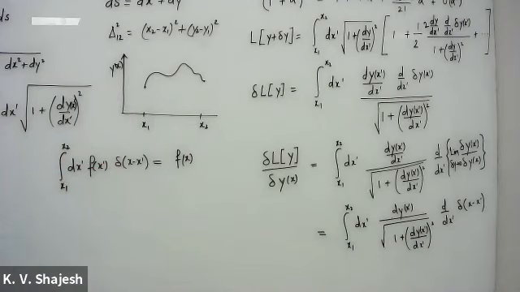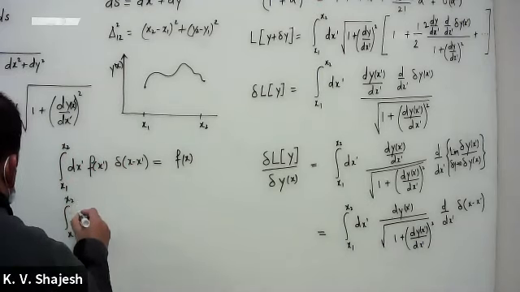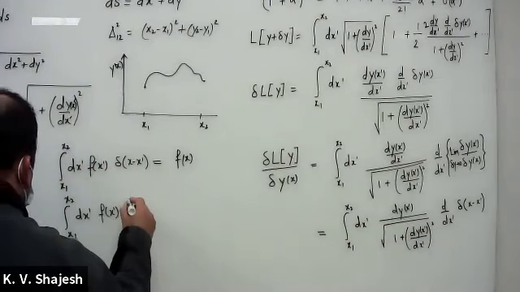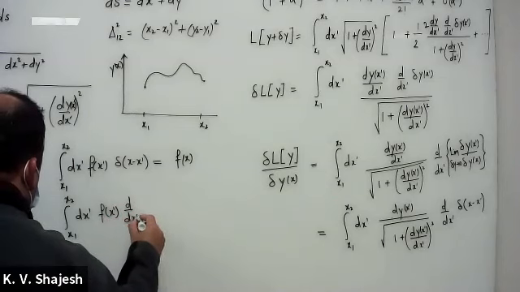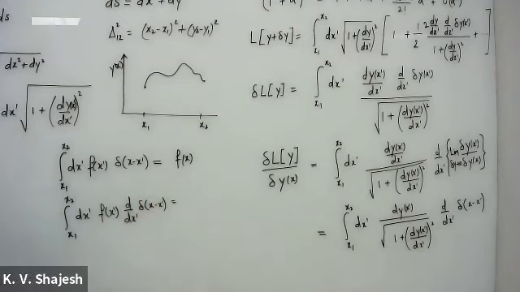Now, one more identity is x1 to x2, dx prime, f of x prime, derivative of a delta function. What is that equal to? No, you will operate this on the left hand side.